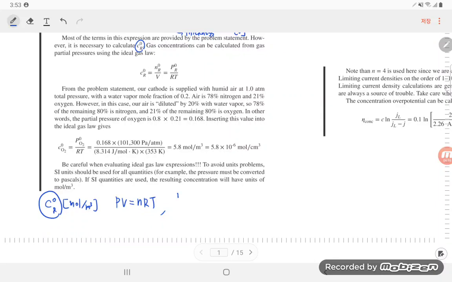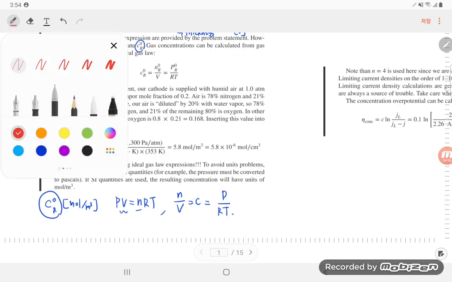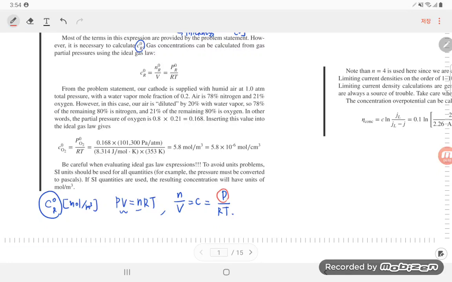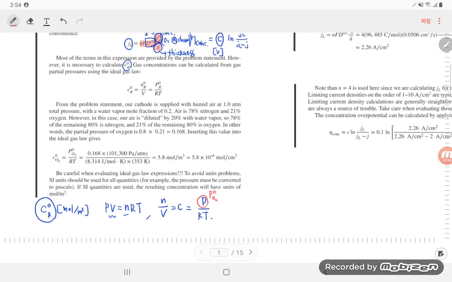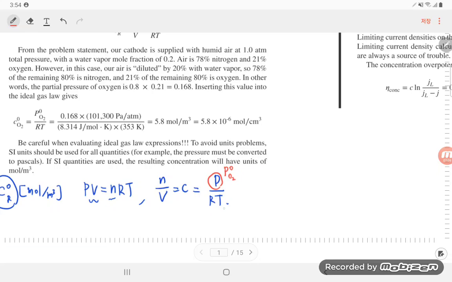From these relations, n over V is the concentration, and it is expressed as P over RT. Then the concentration is P over RT. And in here, we should consider this P as the reactant partial pressure, P of oxygen gas, at the channel, and T is the temperature, which we already know.